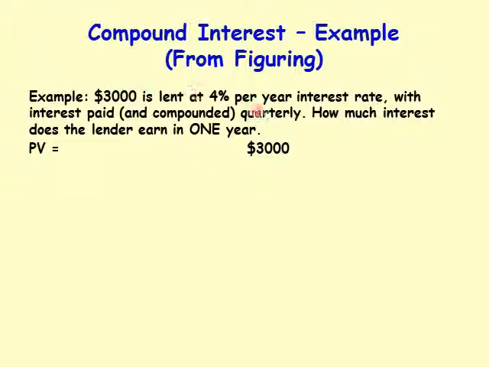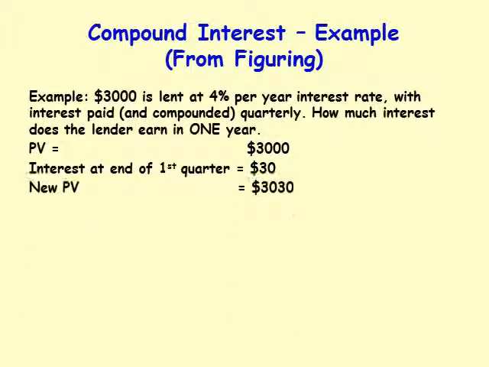The interest rate is 4% per year, which is equivalent to 1% per quarter. So 1% of $3,000 is $30. Just move the decimal place to the left by 2.